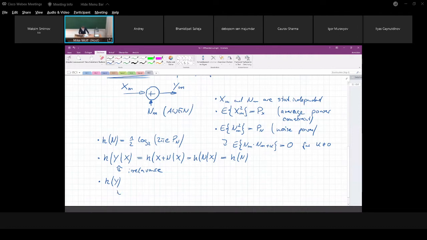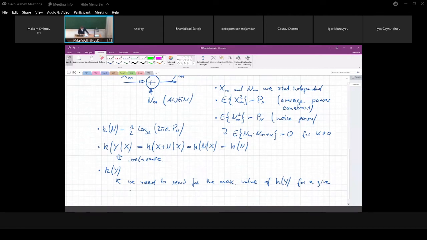So we need to search for the maximum of h of y for a given Px. So our transmit power is just Px. As we said, this is our constraint.